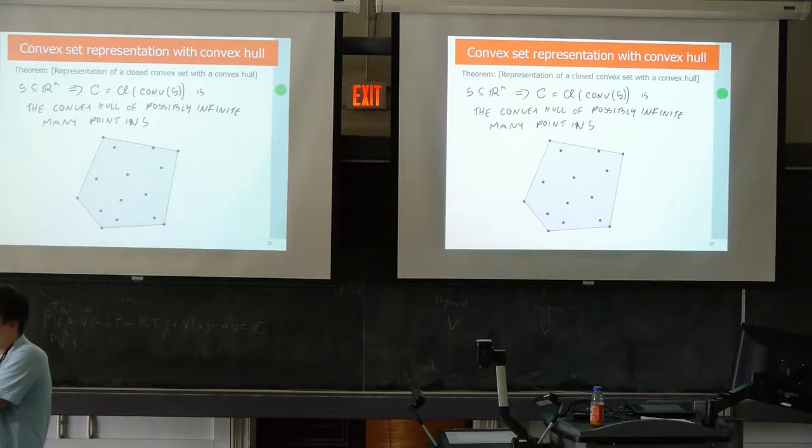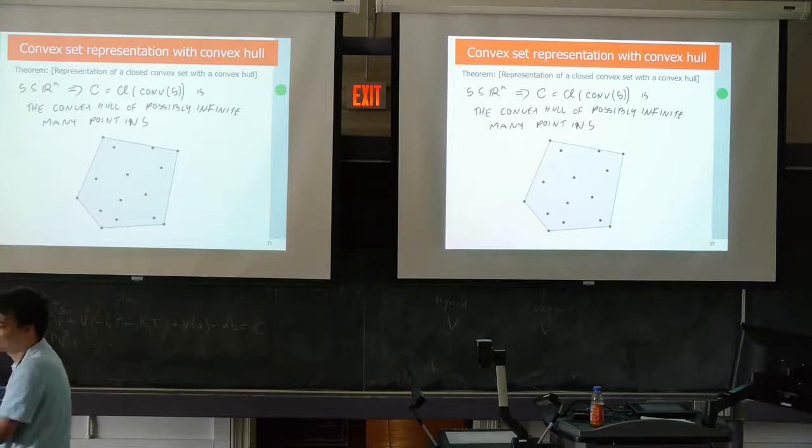Some books define the convex combination without closing it, so without using the endpoints. But how we defined it will define a closed convex set. So it depends on the definition of convex.